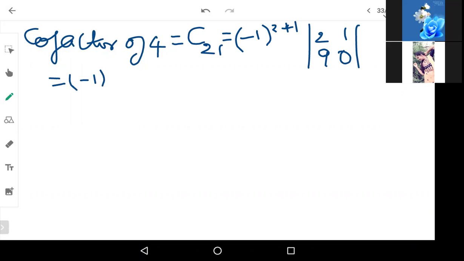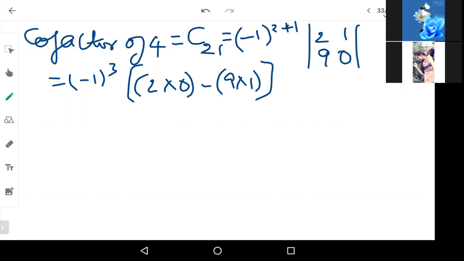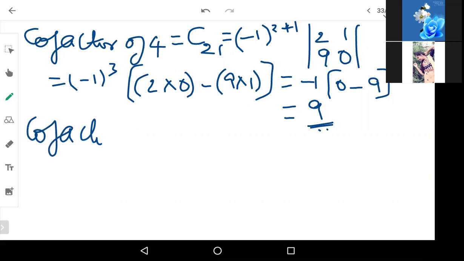Minus 1 to the power 3, 2 into 0 minus 9 into 1. So minus 1 to the power 3 is minus 1 into 0 minus 9. So that's going to be plus 9. Good.